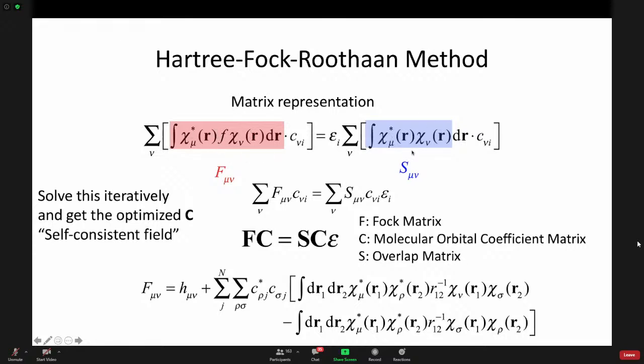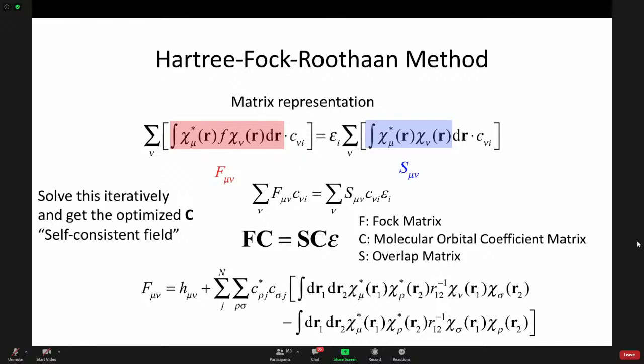And to solve it, we usually use a matrix representation, which makes it the Hartree-Fock-Roothaan method. So these are described in a matrix, and this is also described in a matrix like this. This problem will now be to solve this matrix problem, to get the eigenvalues of this.